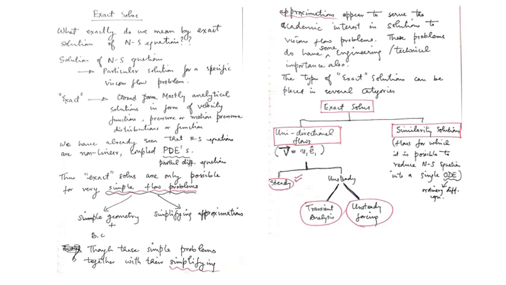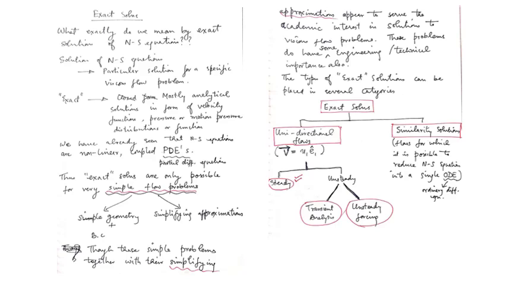Because of the nonlinear character of Navier-Stokes and its coupled nature, there are no general solutions. We can only talk in terms of particular solutions. Now, what does the word exact qualify or mean? By exact, we mean mostly analytical solutions, in the form of velocity and motion pressure distributions or functions.